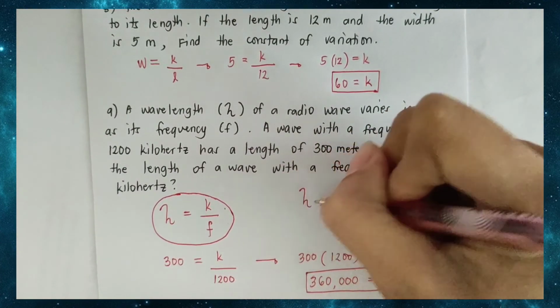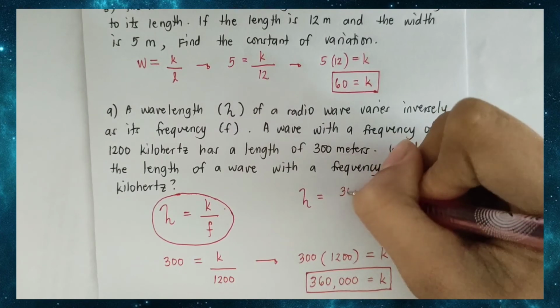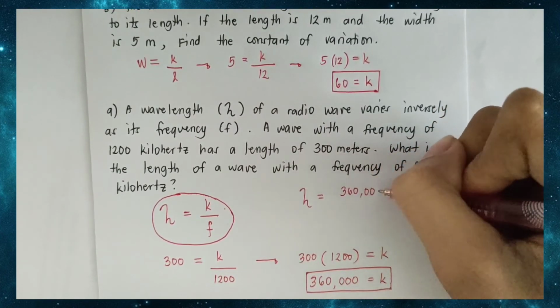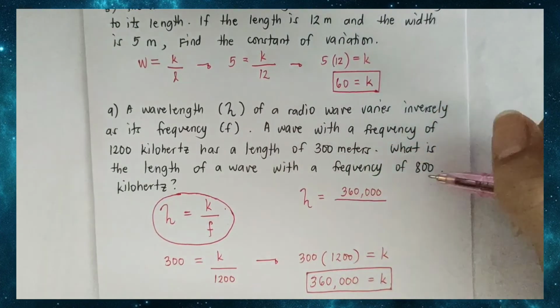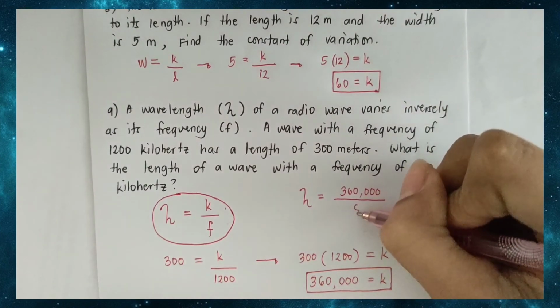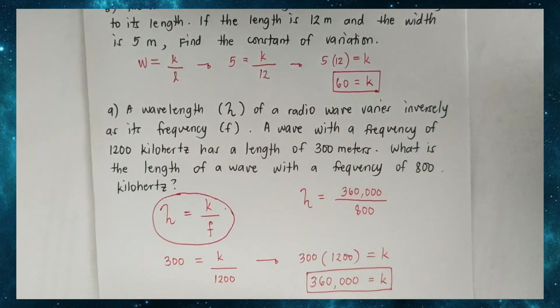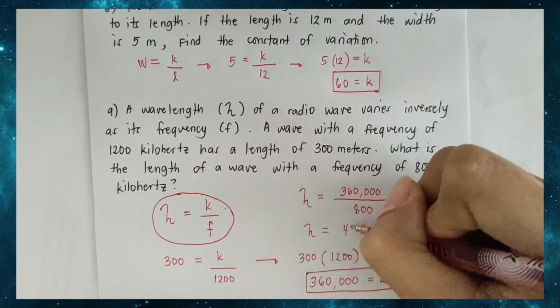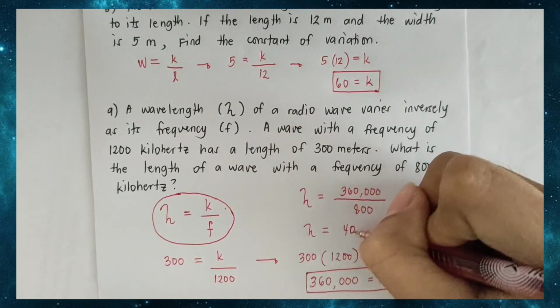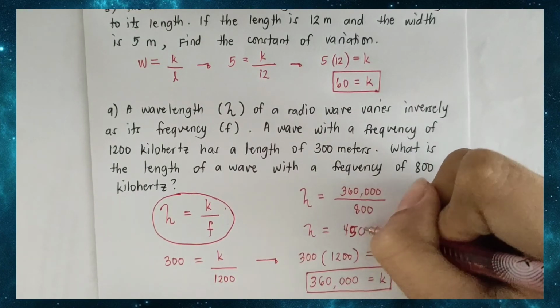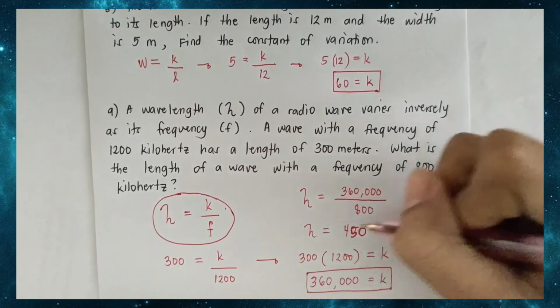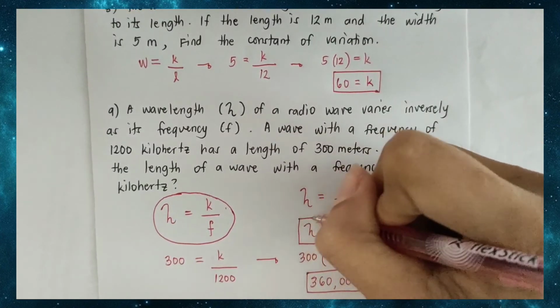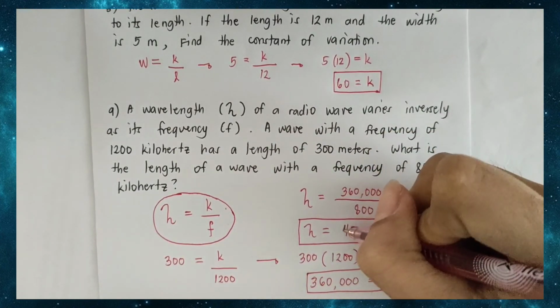So we have wavelength is equal to 360,000 divided by 800. So the length of the wave, or our wavelength, is equal to 450 meters. This is now our final answer.